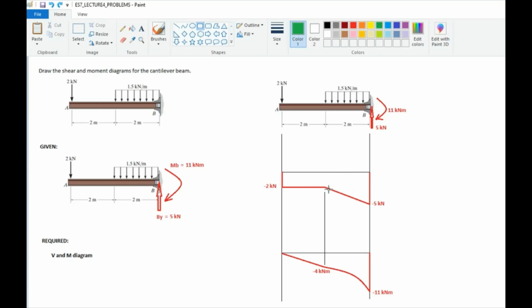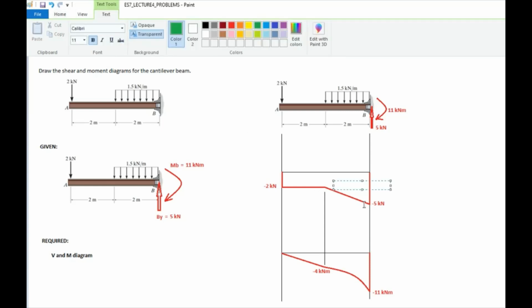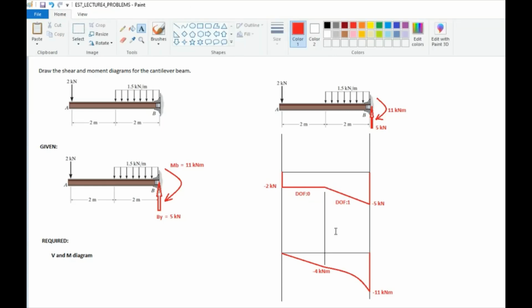Meron na tayong degree of freedom na 1. Okay. So, ayan. And then, pagdating dito sa point na to, nagkaroon tayo ng vertical reaction na 5 kilonewton. So, nag-close na yung ating shear diagram. So, bumalik na siya sa 0.